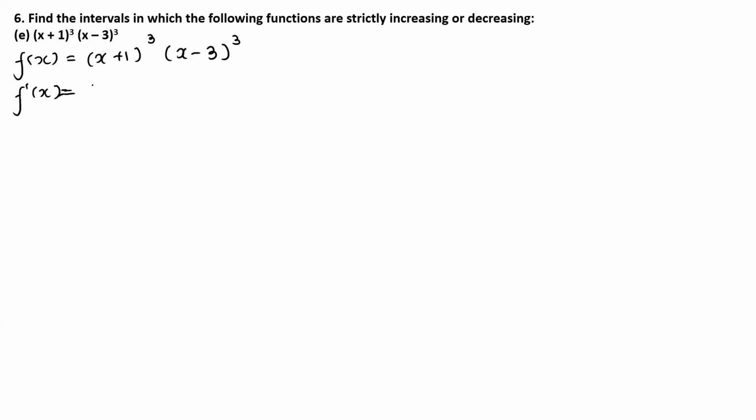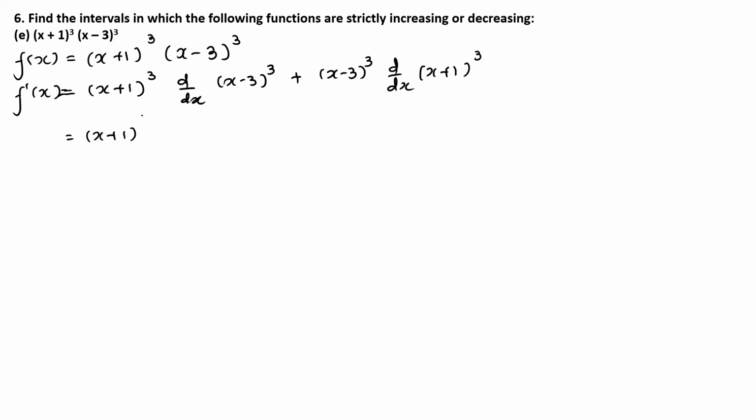The product rule will apply. First quantity as it is, differentiation of x minus 3 cube, plus x minus 3 the whole cube as it is, differentiation of x plus 1, x plus 1 cube as it is.